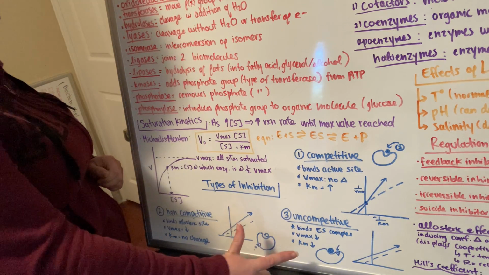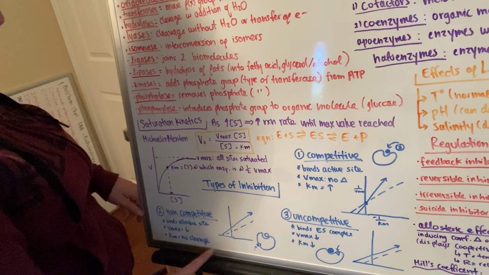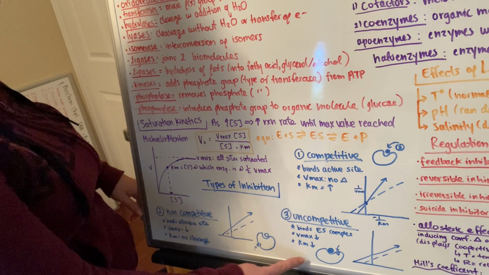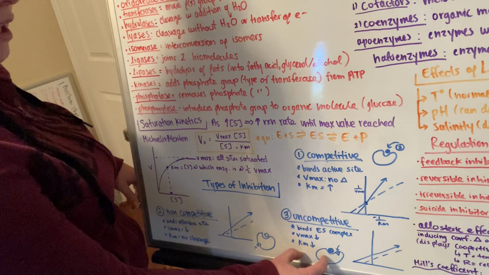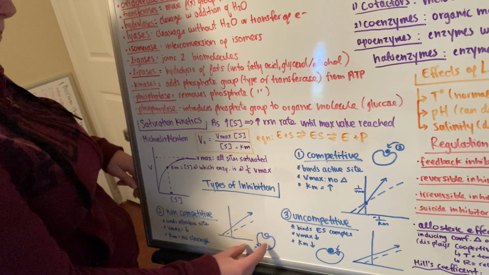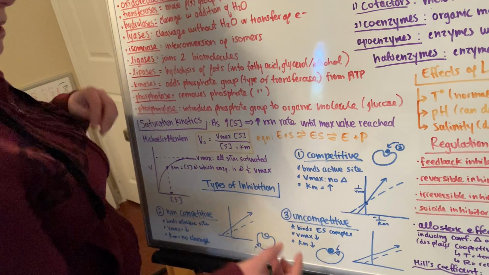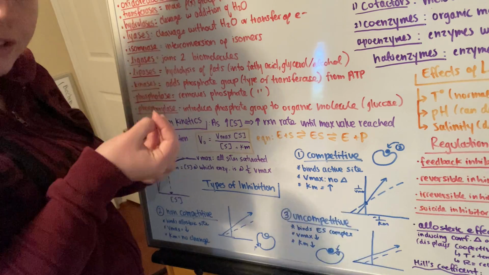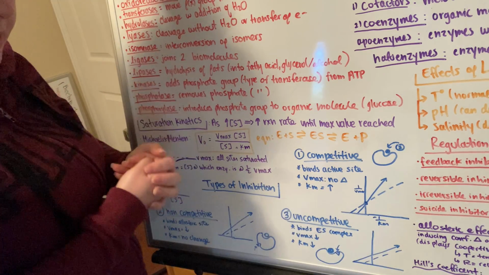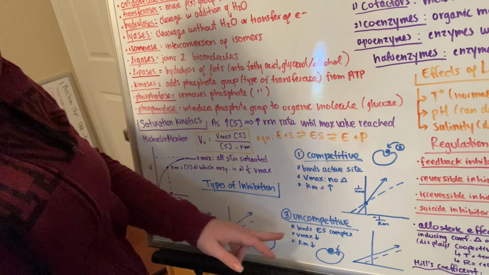And that's the difference between these two, is that here the Km doesn't change, but here the Km also decreases because they're already bound. In this case, they're not already bound, so there's no change in the Km. But here, because you're using a piece of a substrate and the enzyme together, they're both going to decrease in terms of the Vmax and the Km.